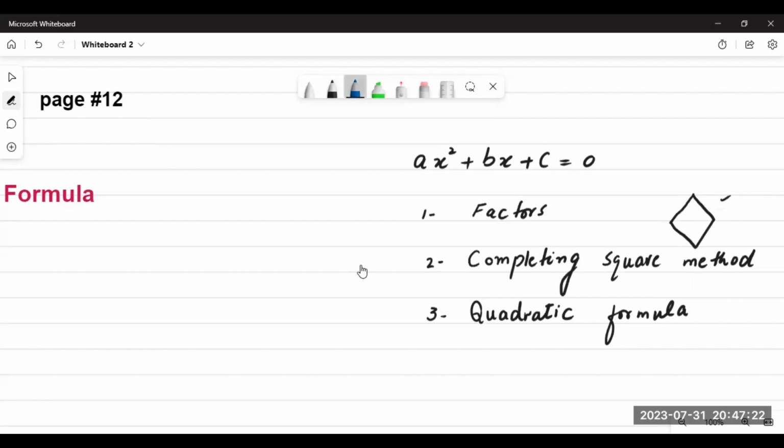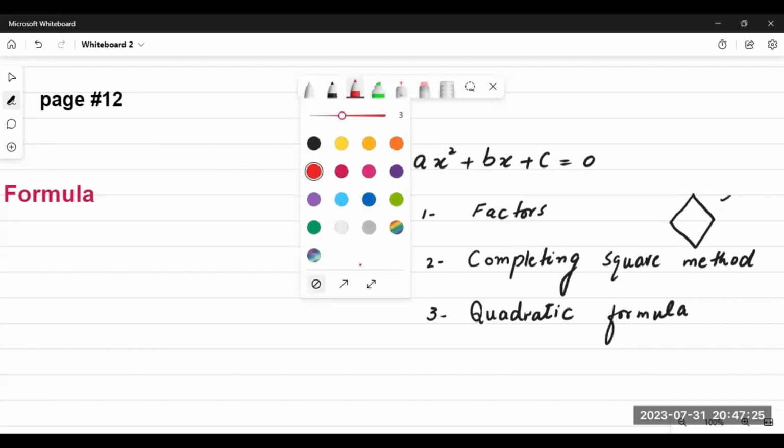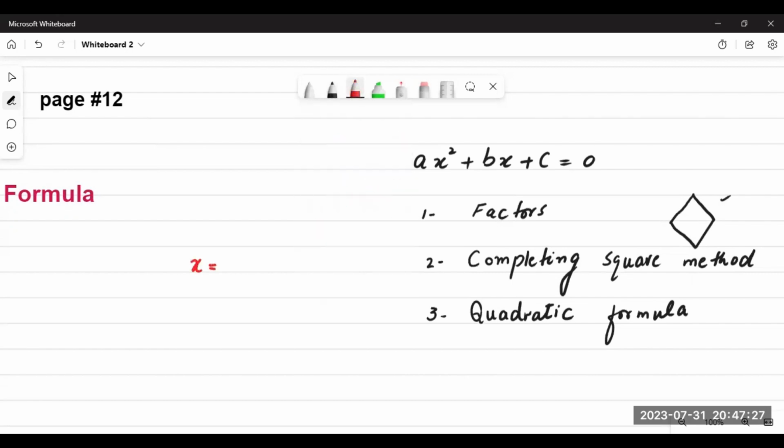And what is the quadratic formula? x is equal to minus b plus minus square root of b square minus 4ac, divided by 2a. Now you will ask, what are a, b, c? a is the coefficient of x square, b is the coefficient of x, and c is the constant in the quadratic equation.